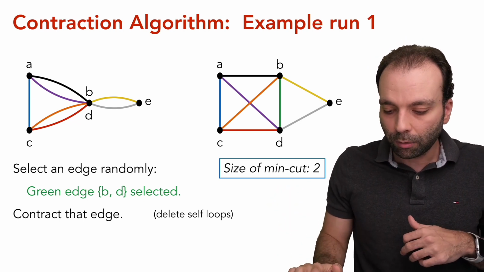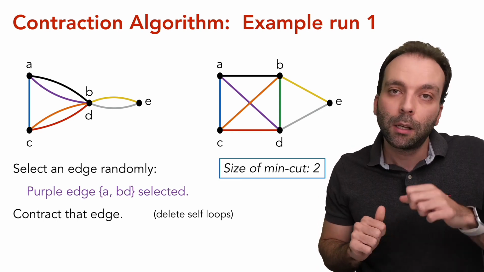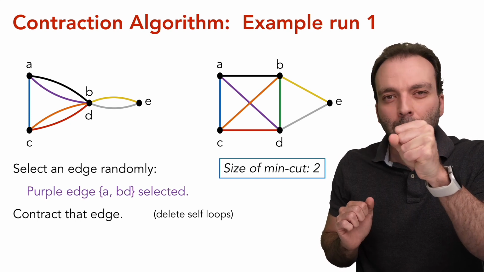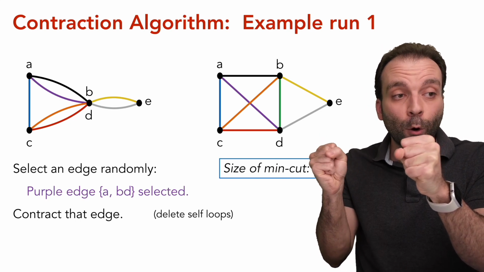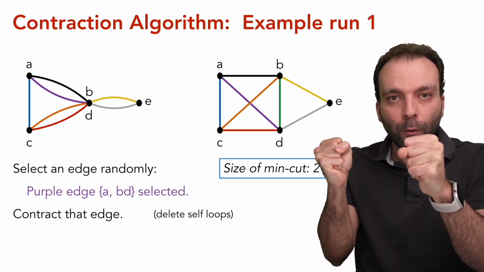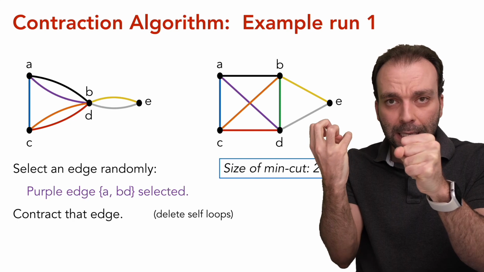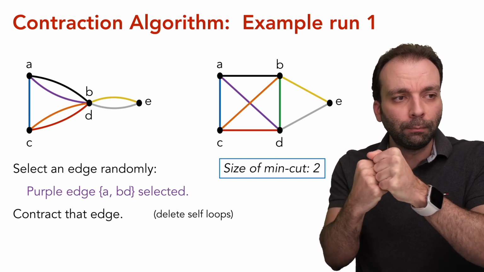So next iteration, select an edge randomly. Maybe now you select the purple edge, which corresponds to picking the A vertex and the BD vertex. Now the vertices B and D merged and formed one single vertex. So BD is a single vertex. Now we contract, we merge them, right?